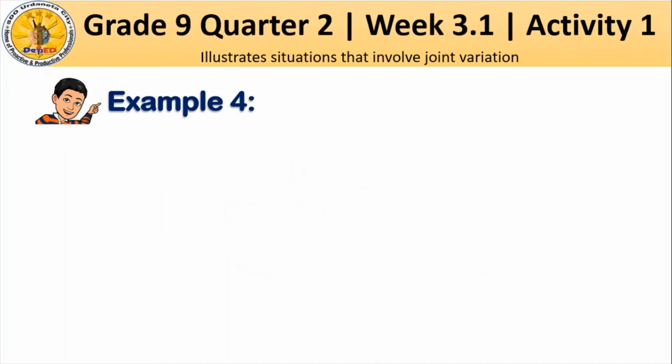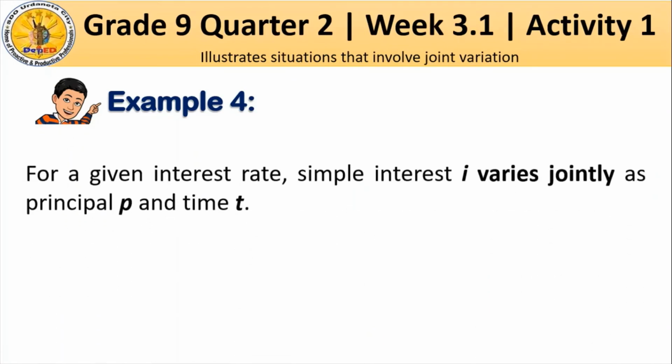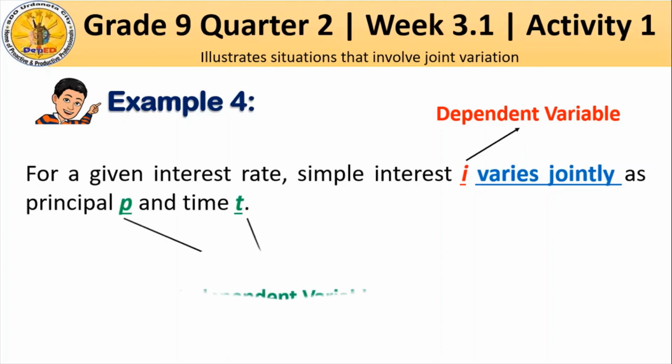Example number 4. For a given interest rate, simple interest I varies jointly as principal P and time T. Again, the variable before the phrase varies jointly is I, which now represent the dependent variable, while P and T are the independent variables.